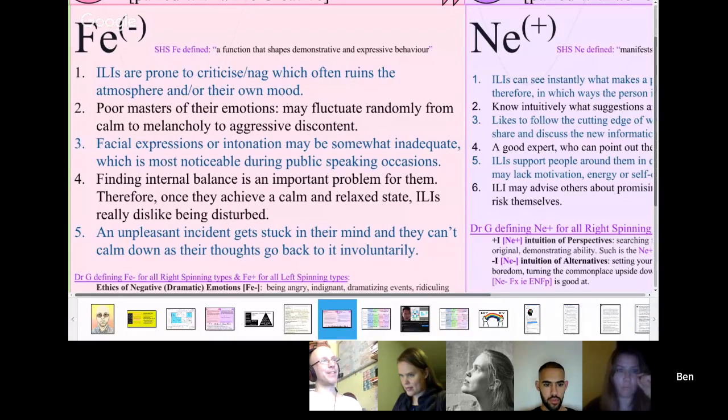Allies are prone to criticize, nag, which often ruins the atmosphere and or their own mood.